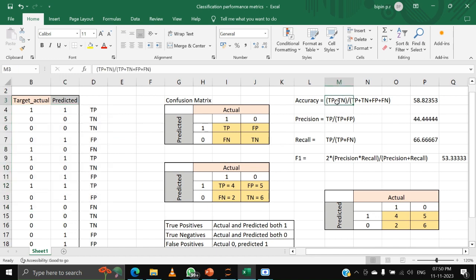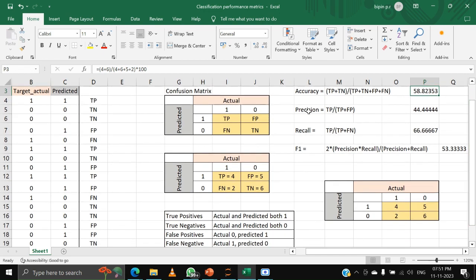From the name itself we can identify what accuracy is: how many are correctly classified as positives and negatives, that means true positive and true negative, out of the total classification done. The total includes everything: true positives, true negatives, false positives, false negatives. That is why TP plus TN divided by TP plus TN plus FP plus FN. So it is something around 58 that I am getting in this case.